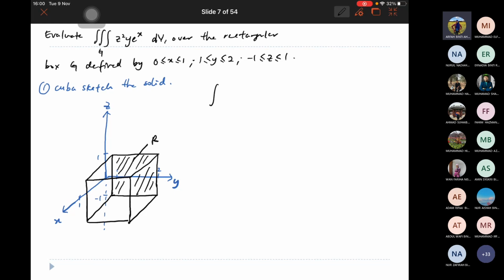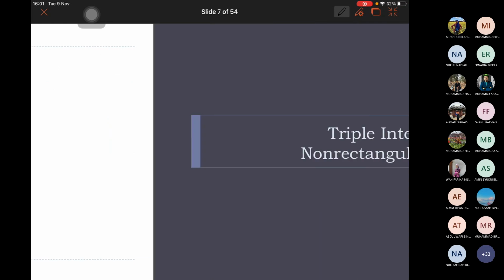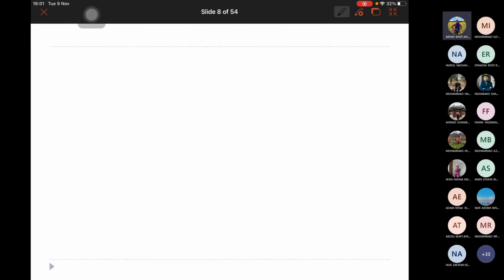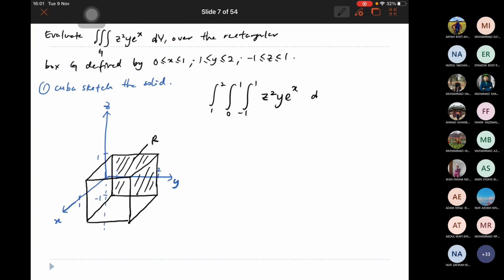Saya just ambil integrate daripada 1 sampai 2 untuk Y and then 0 sampai 1 untuk X dan Z daripada negatif 1 sampai 1. Z squared Y exponential X dZ dx dy. Okay. So itu dia punya ni.